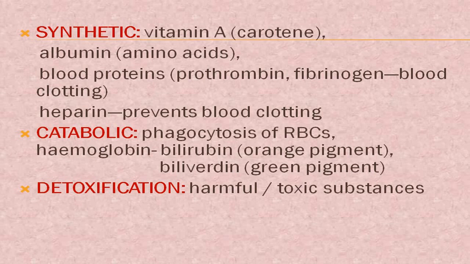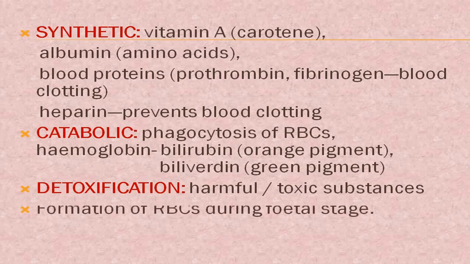And one of the major roles of the liver is detoxification, that is the removal of harmful and toxic substances from the body. And another role of the liver, only in the fetal stage, is that at that time the liver is responsible for the formation of red blood cells.